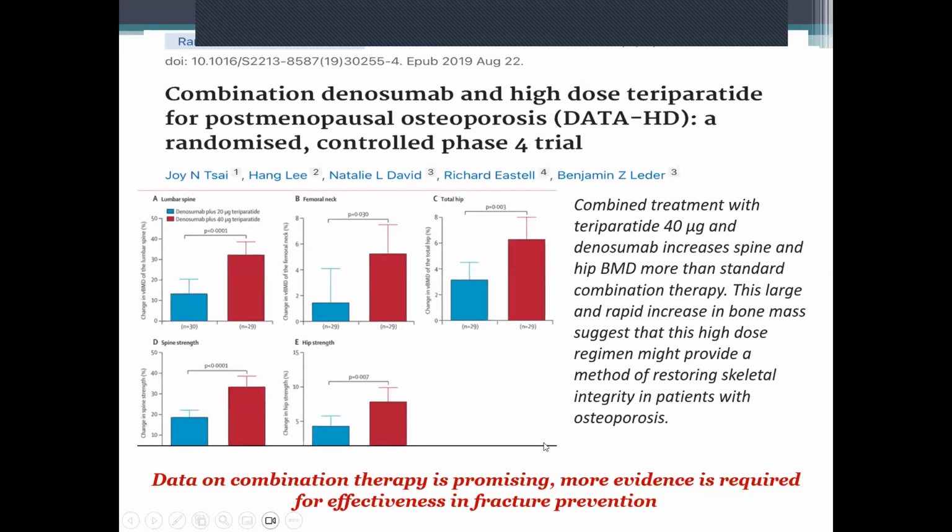But it is not our standard of treatment yet because we still do not have data regarding effectiveness in fracture prevention, which is why combination therapy is not on our guidelines. It is not our standard practice. What we have data on is that it improves bone mineral density, but we in turn need to see this translates to reducing fracture risk.